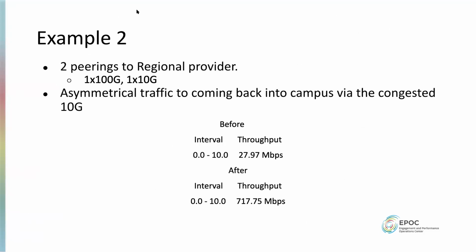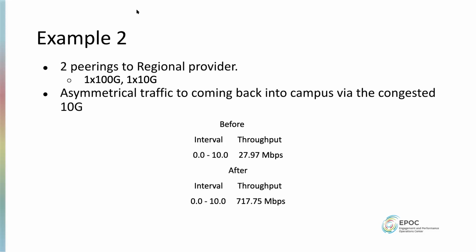This one, the campus had two peerings to a regional provider and also a commodity peering. It turned out that they had brought up their new 100 gig to their regional provider, but still had a 10 gig laying around to that regional while they were transitioning, and they left it there for backup.